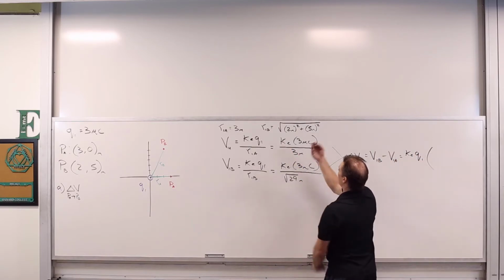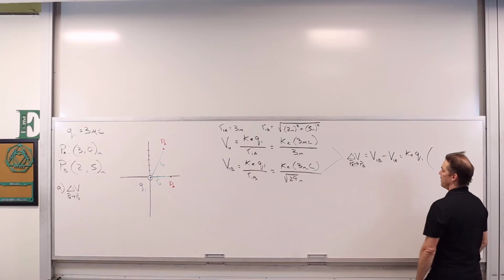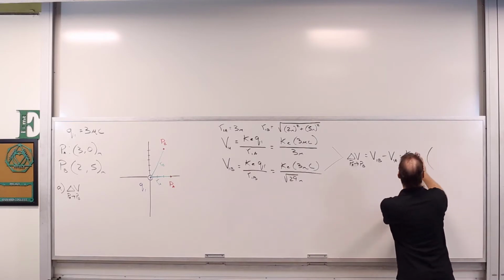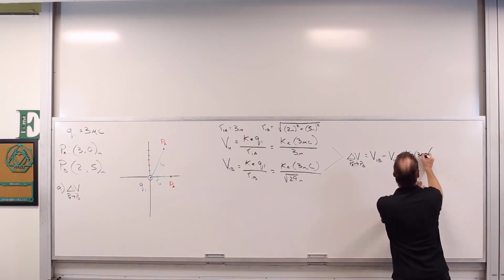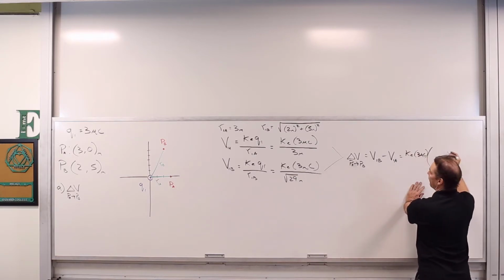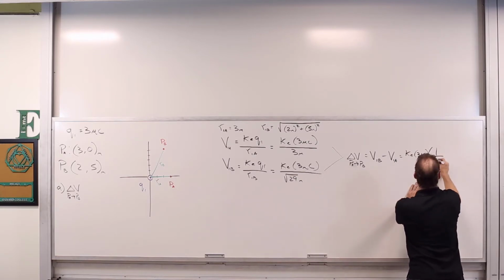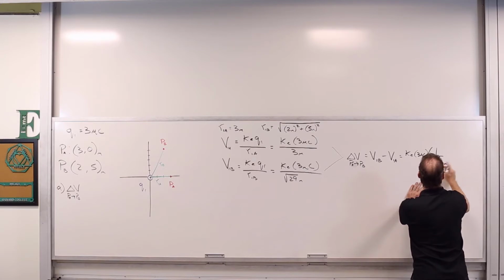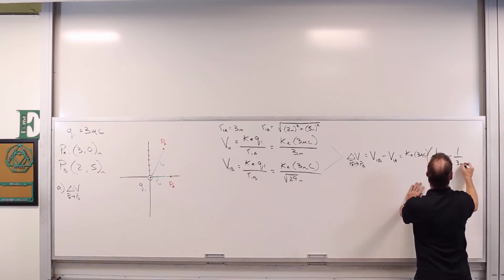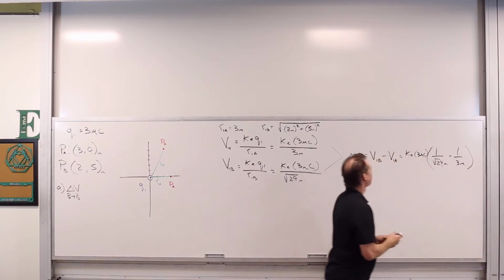I can factor that out because it's a common term to both of them. And then we've got, this is 3 microcoulombs, multiplied by 1 divided by root 29 meters minus 1 divided by 3 meters.